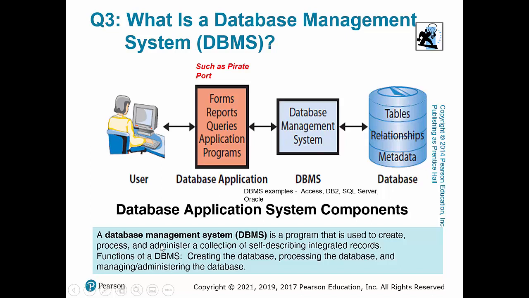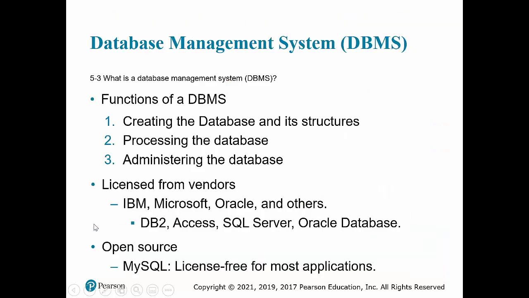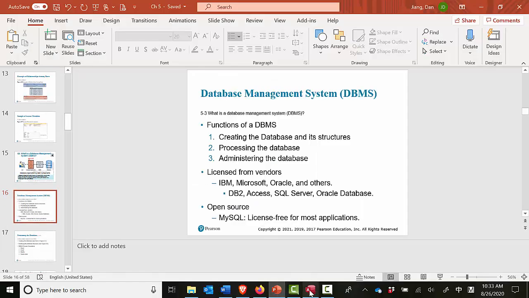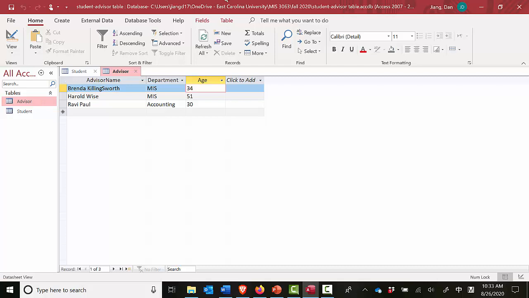Okay, a database management system is a program that is used to create, process, and administer a collection of self-describing integrated records. And there are many different vendors or companies that provide DBMS, such as IBM, Microsoft, Oracle, etc. I just show you guys that this database, which is created in Microsoft Access.